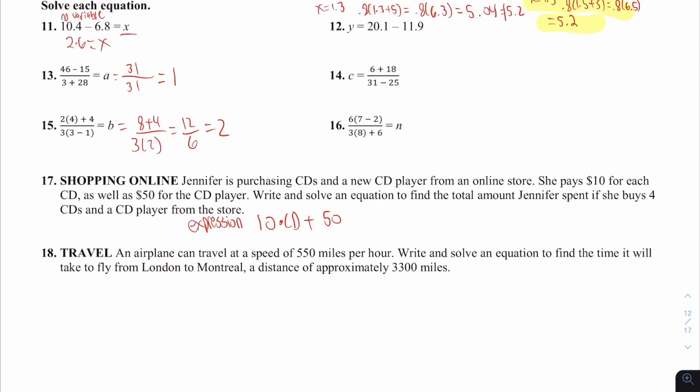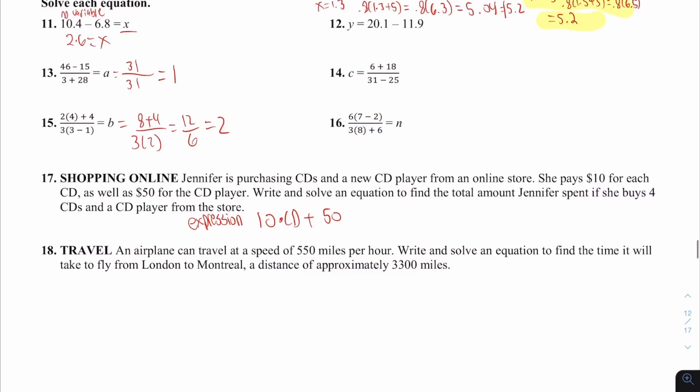The expression is whenever you write math down, but you don't have an equation yet. But then once we read this question and it says find the total amount, once you write equal to the total, then this is no longer an expression, and this is now an equation. $10 for each CD, and then $50 for the player is the total that she spent.